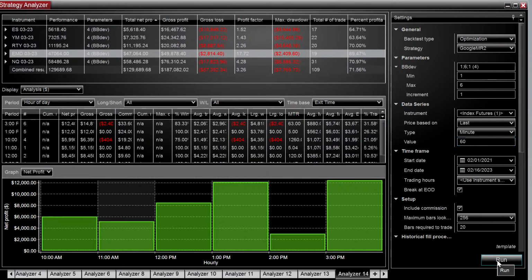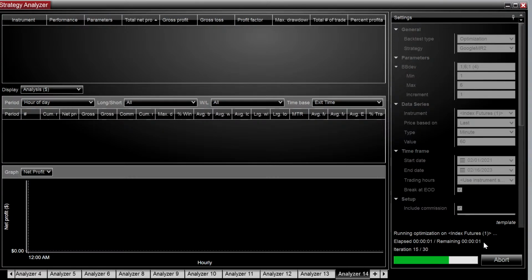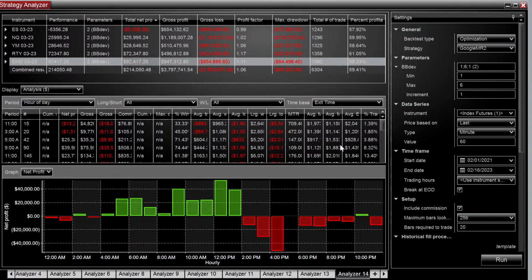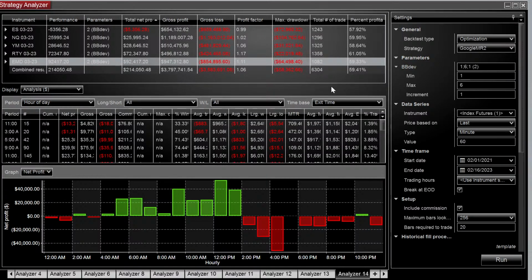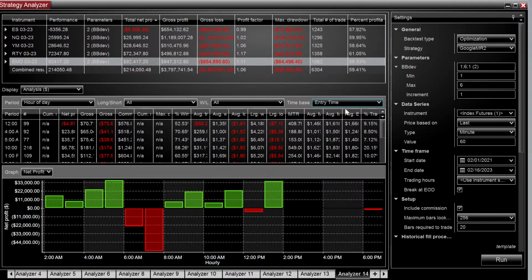Okay, let's see. Just taking trades from midnight to 1 p.m. That is the exit time. Look at the entry time.